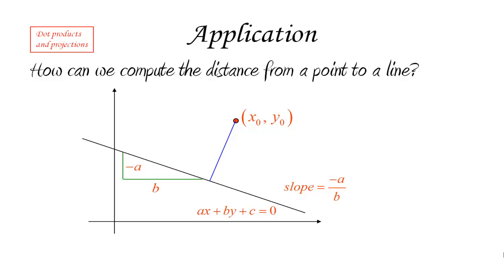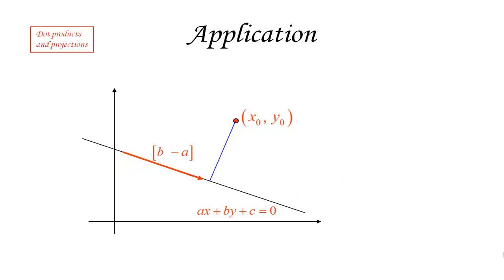So that means that once I've drawn these 2 segments, one along b, the other along negative a, then the vector that forms the hypotenuse of that triangle is going to have components b, negative a. b is the horizontal one and negative a is the vertical one, right? So we're going to keep all these things in mind as we move on and try to compute the length of that blue segment. So how are we going to do that?